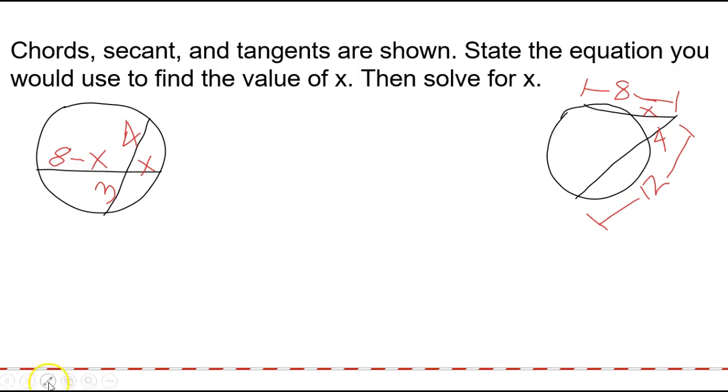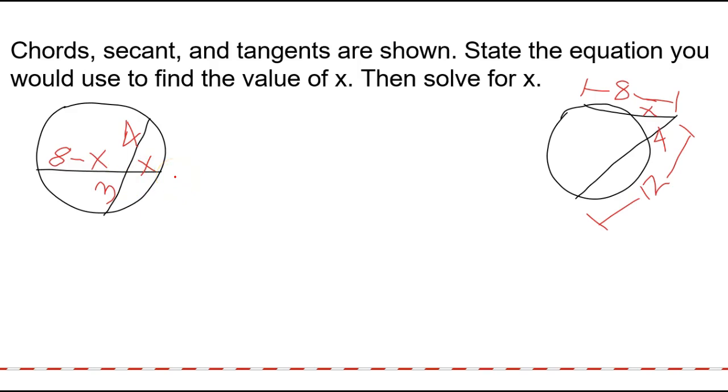Okay, let's do an example here. So we are given this. We look at where the angle forms. It's inside. There are two chords. So we know the product of one part of the chord and the other is going to equal the product of the parts of the other chord.